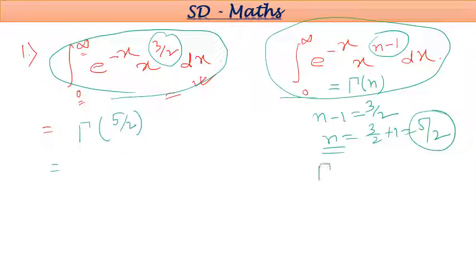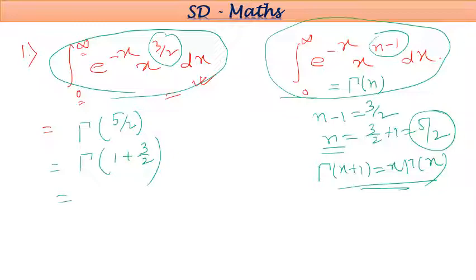And I have already told you that gamma x plus 1 equals x gamma x. So you can write this as gamma of 1 plus 3 by 2 according to this formula, right? Now 3 by 2 gamma of 1 plus 1 by 2, we can write this way.